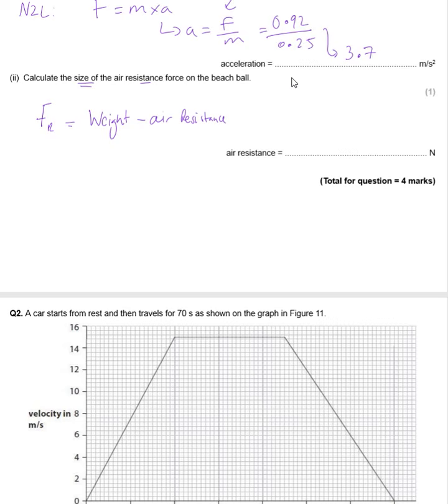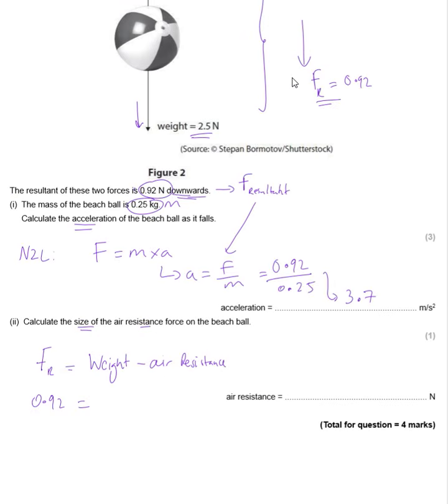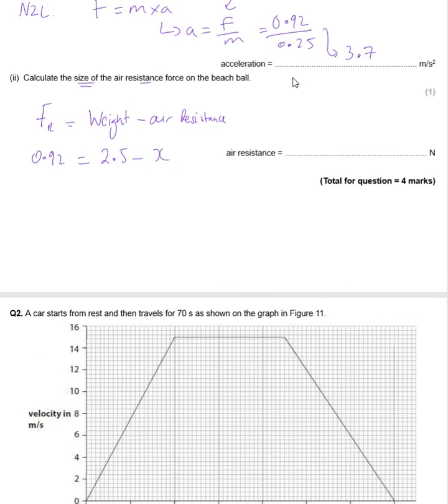Therefore, the resultant force is 0.29. The weight, which we know, is 2.5, take away air resistance, which I'll call x. Now we need to find x.